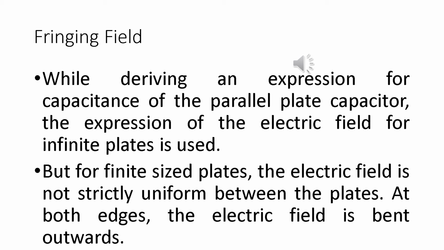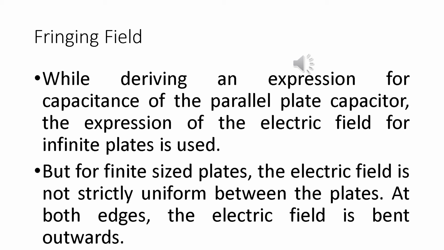So in a capacitance, there is this fringing field phenomena that occurs. So kapag infinite plates yung ginamit, electric field yung term, yung expression na ginagamit natin. But if the surface or the plates is finite, okay, finite yung size ng plates, so there is this fringing field.